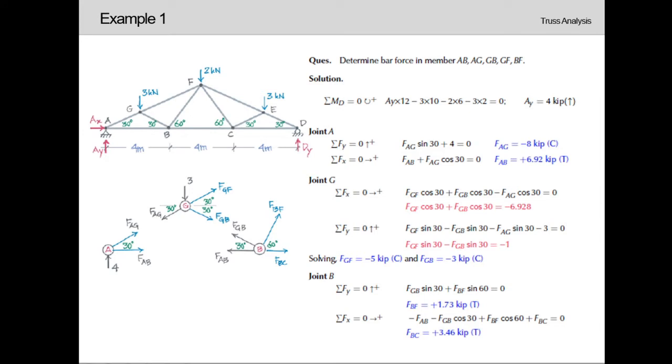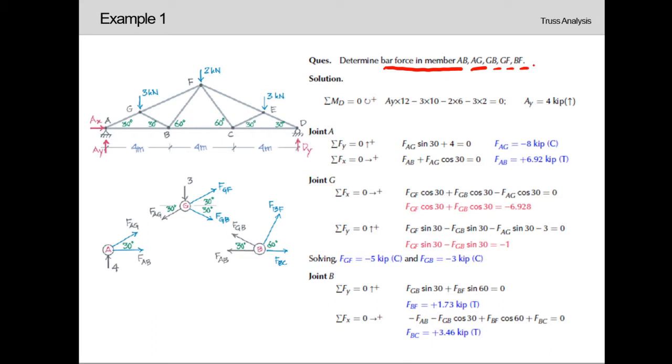So here is an example of the joint method. A truss is given, the vertical loads imposed on the truss are given, and here we are asked to determine the bar forces in members AB, AG, GB, GF and BF.